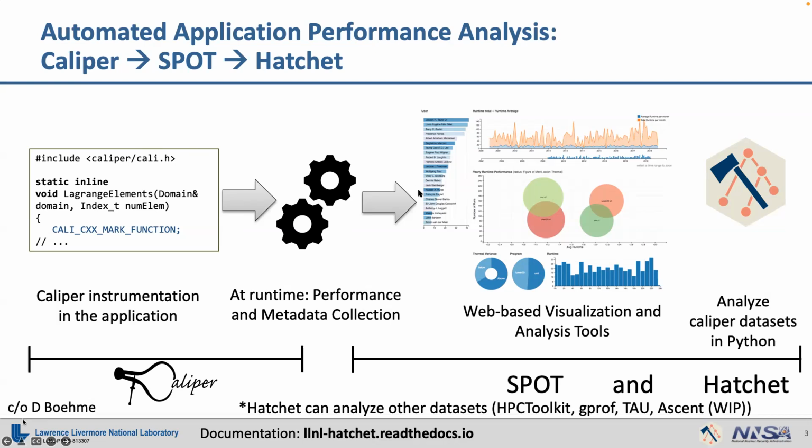So Spot provides easy access to using Hatchet. In this tutorial, we're focusing on analyzing data in Hatchet that's specifically coming from Caliper annotations and instrumentation. Hatchet can also be used as a standalone performance tool on other types of performance profiles from HPC Toolkit, from Tau, gprof. And we're currently developing a reader for Ascent in situ visualization data as well.